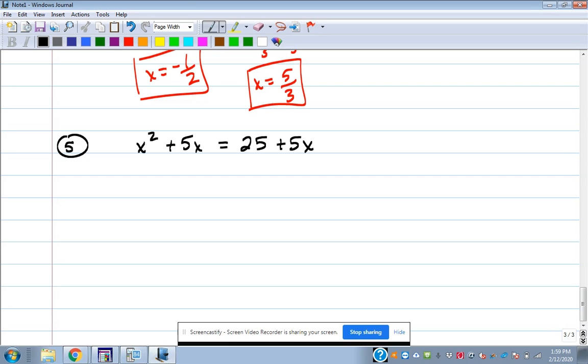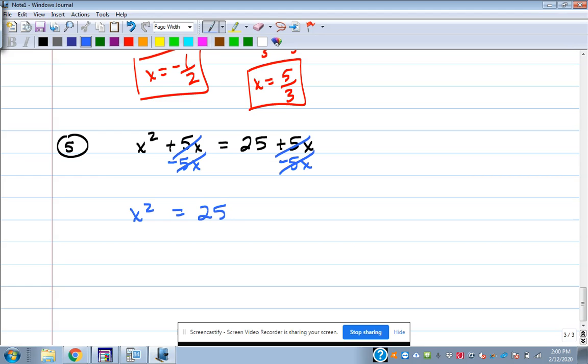If I add 5x, it's not going to cancel it out. Because they're adding, I'm going to subtract 5x from both sides. And then that's going to give me x squared. What happens on both sides is it cancels out. I get x squared is equal to 25.